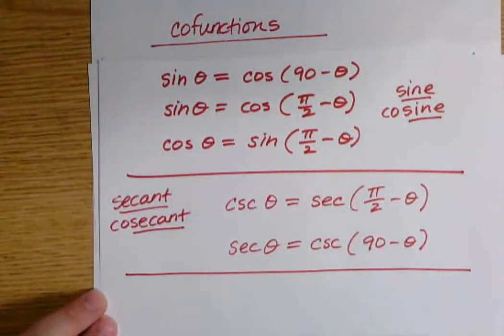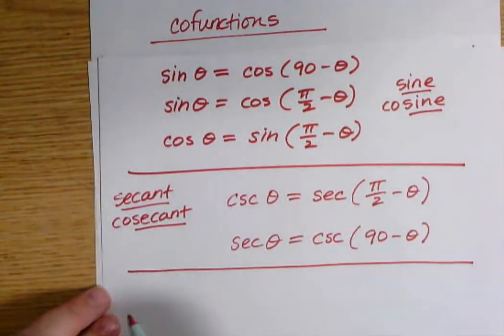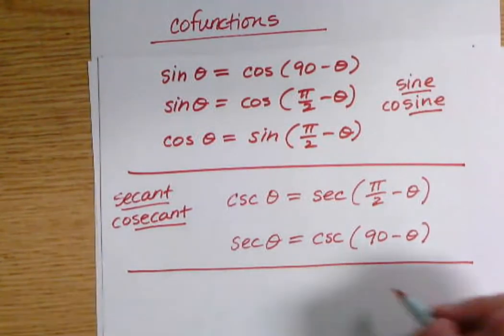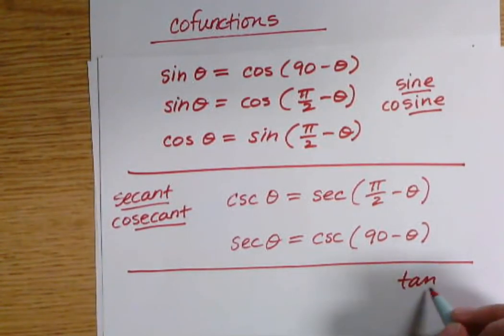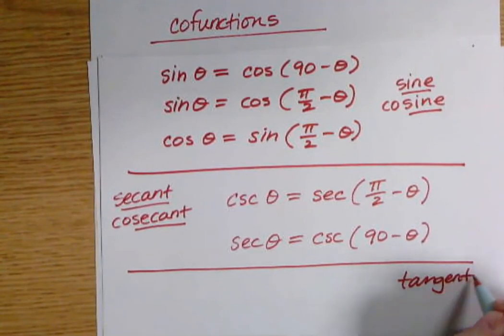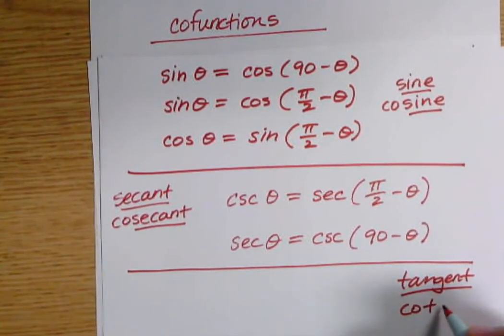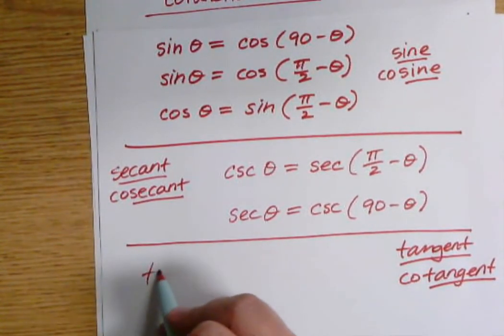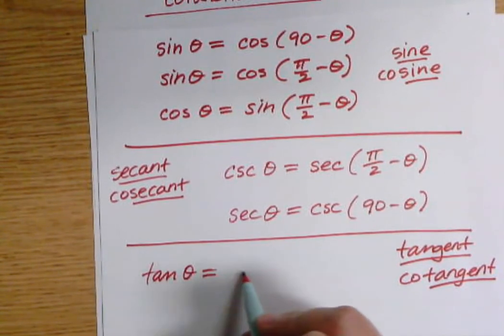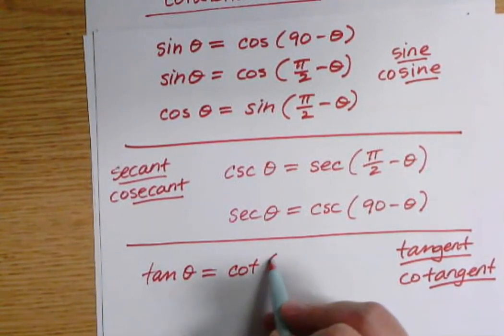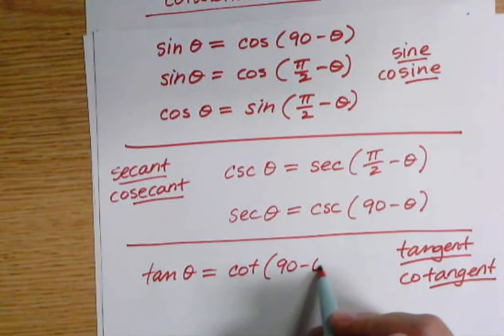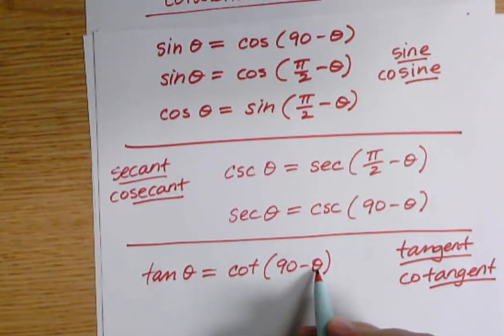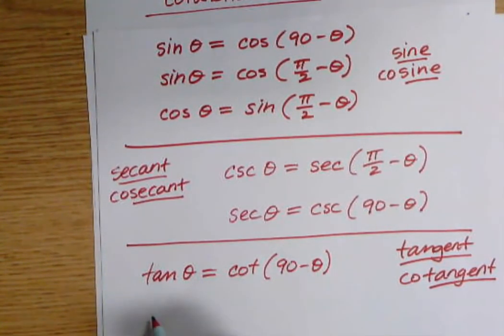Guess what else is cofunctions? I bet you can guess. Last ones. Tan and cotan are cofunctions. The tan of some angle is the same as the cotangent of that angle's complement, which means 90 minus that angle or pi over 2 minus that angle.